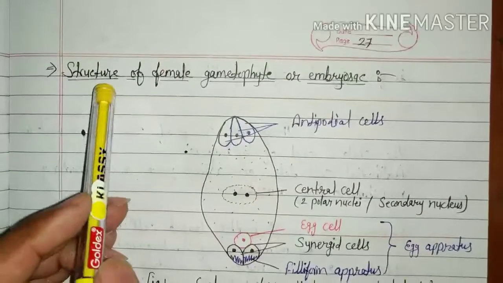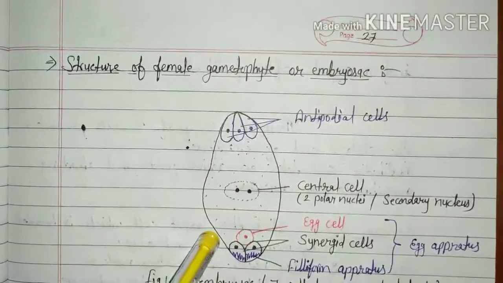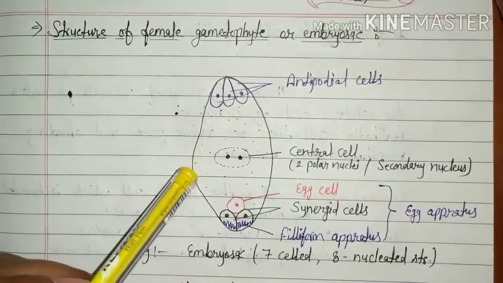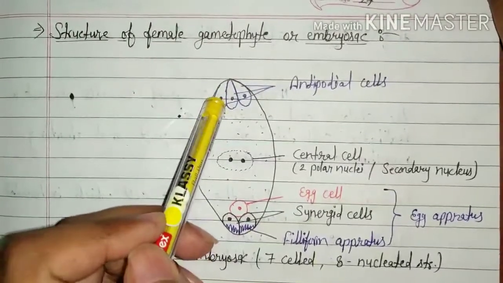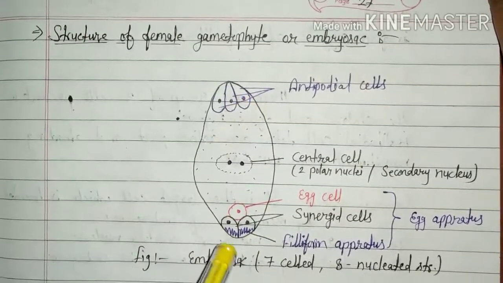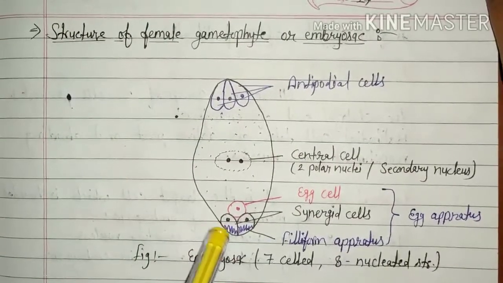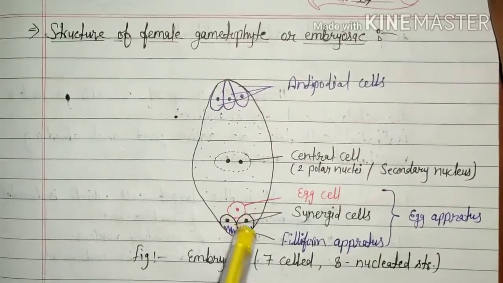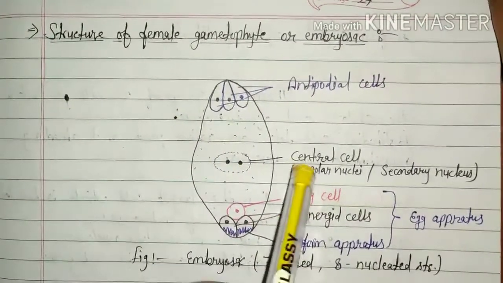Now, the structure of the female gametophyte or embryo sac diagram. The embryo sac is a 7-celled and 8-nucleate structure. It has 3 antipodal cells at the chalazal end, 3 egg apparatus cells, which means 2 synergids and 1 egg cell, and 1 central cell.